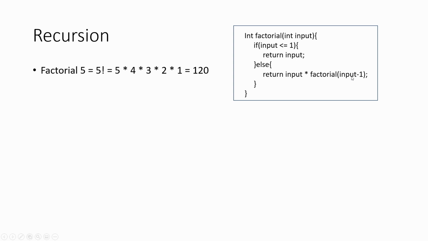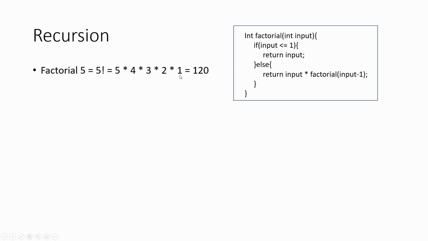So the goal here is just to walk through this. We put 5 into the input. It's not less than 1, so we skip this line. We go to else. We're going to return the input times the factorial of input, which was 5 minus 1, so factorial of 4.